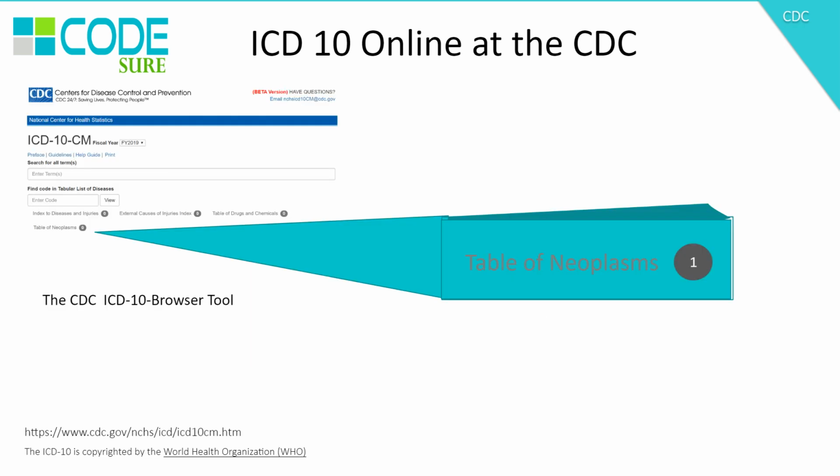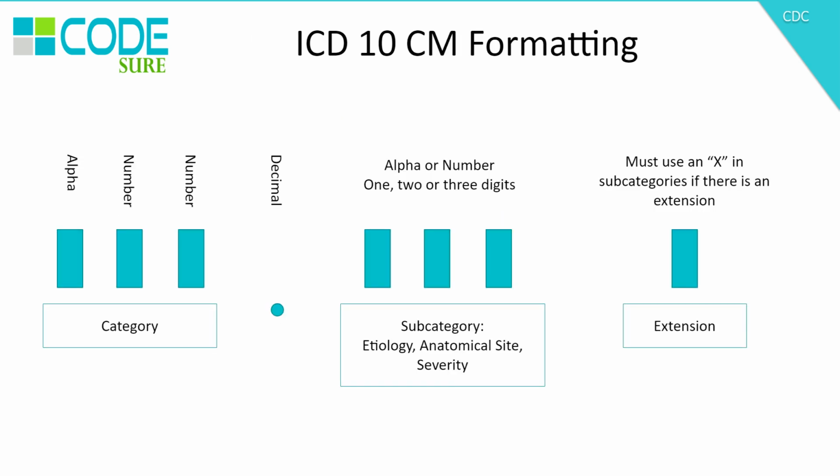Here, you can see the table of neoplasms located on the ICD-10 CM Browser Tool. It's under the second search field. The circle with the number following the title indicates the number of returns found related to your chosen search. It's possible to have returns in each table, but today we'll be looking for returns in the table of neoplasms.